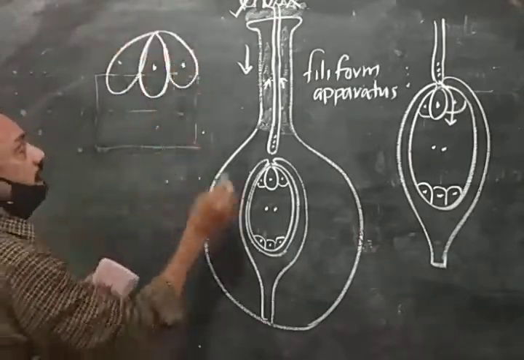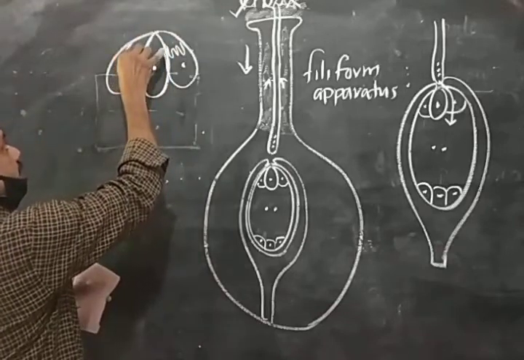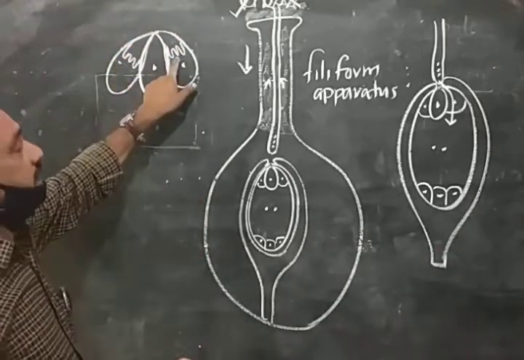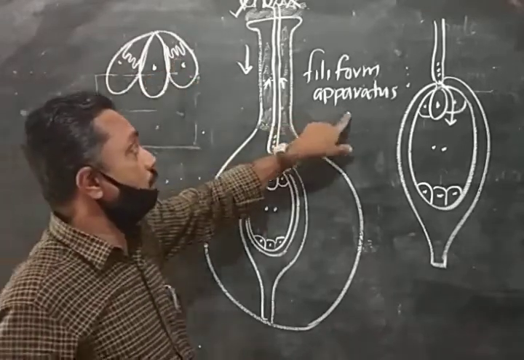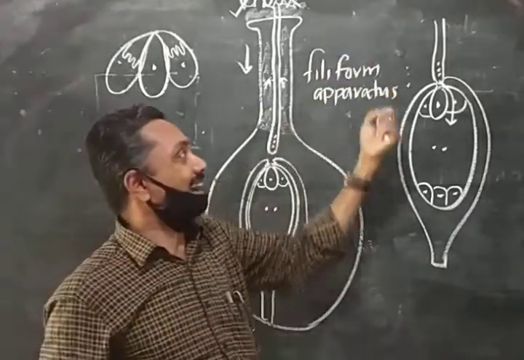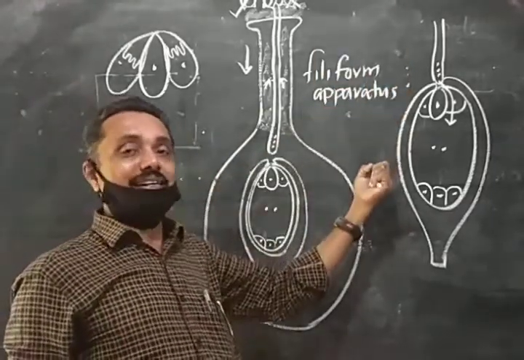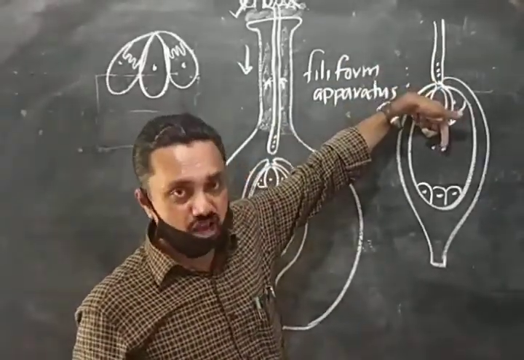The synergid contains these finger-like structures like this. These finger-like structures present in the synergid are called the filiform apparatus, and this filiform apparatus attracts the pollen tube and guides the entry of the pollen tube into the embryo sac.